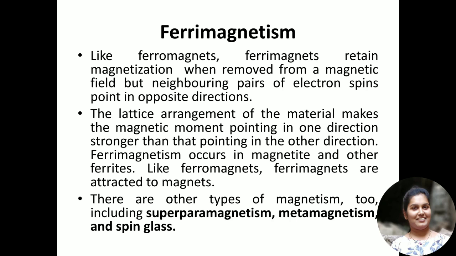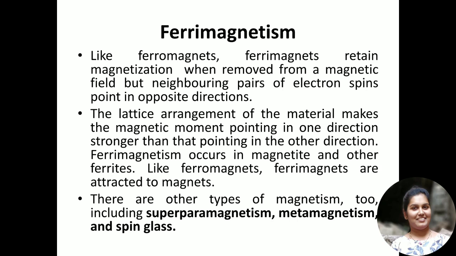Like ferromagnets, ferrimagnets are attracted to magnets. So ferri and ferro are almost the same, but the alignment of the electron spin movement differs slightly. Otherwise, both are one and the same, as both are attracted to magnets.